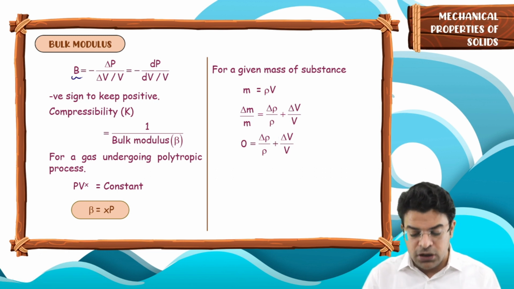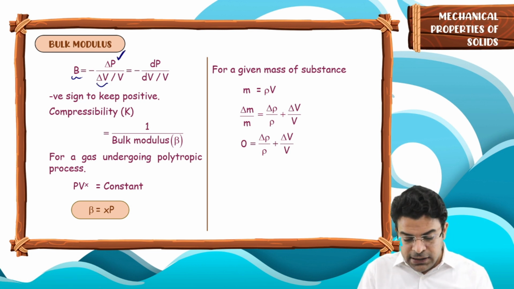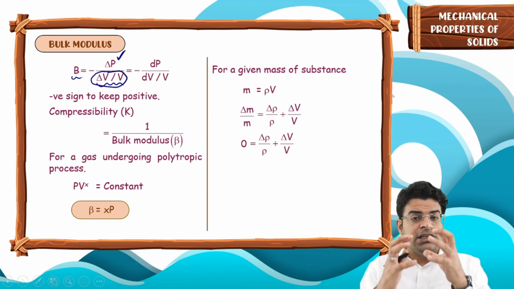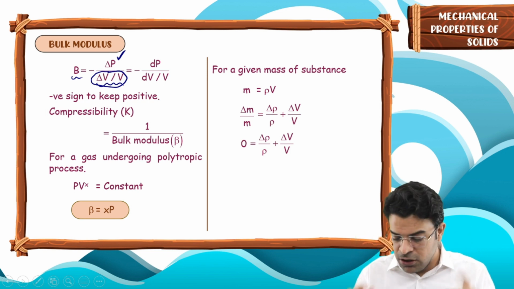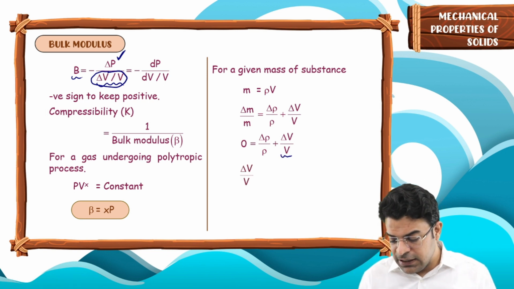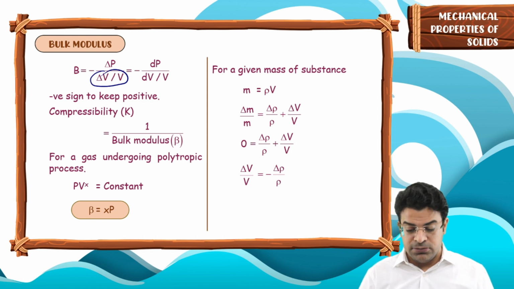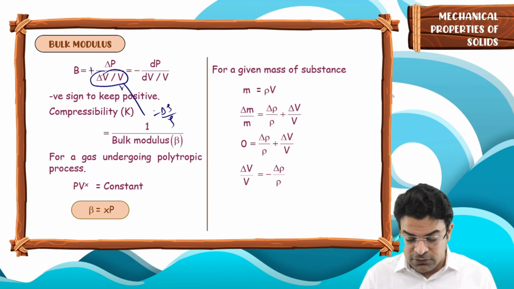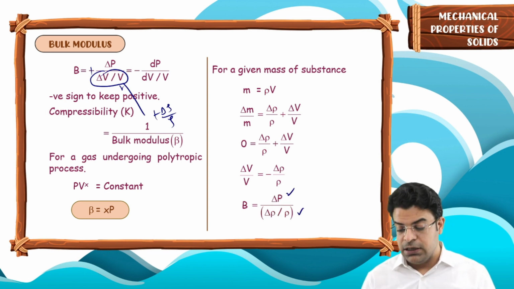Now, in bulk modulus, we write bulk modulus to be minus delta P upon delta V by V. What is this delta V by V? The fractional change in volume of the body around which the pressure has been changed. So now here, we can even write delta V by V equals minus delta rho by rho. If in place of delta V by V, we substitute minus delta rho by rho, then these two minus signs will get cancelled and you will get bulk modulus equals delta P upon delta rho by rho.